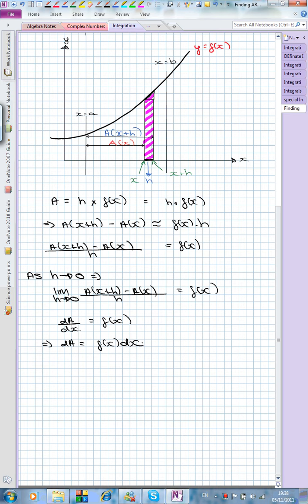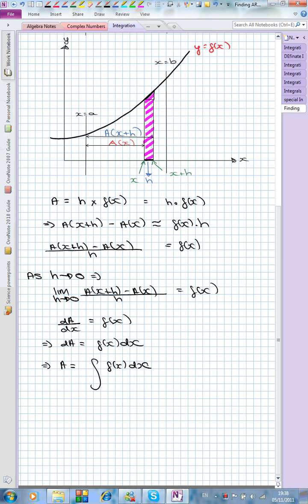Now we're ultimately using integration to find the area, so how do I go from this expression dA to A? Well, I integrate my given expression there. So therefore the area is equal to the integral of f(x) dx.